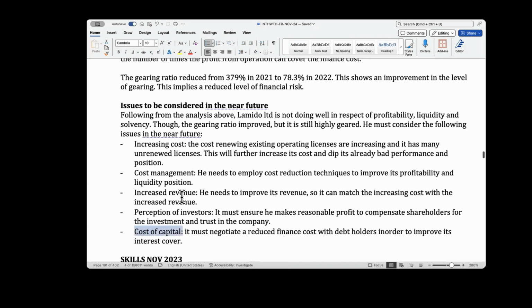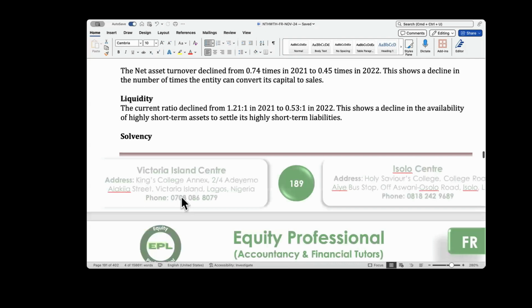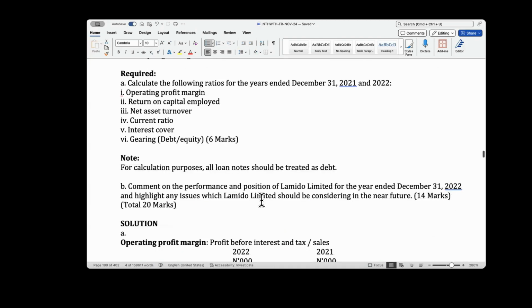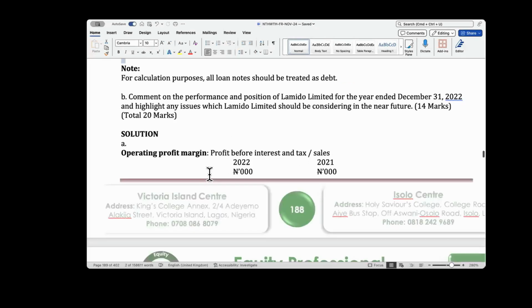But this is just how many marks correction, for heaven's sake? It's 14 marks. And the way the examiner marks each of these analyses, they are giving you 2, 2, 2, 2, or 1.5, 1.5.